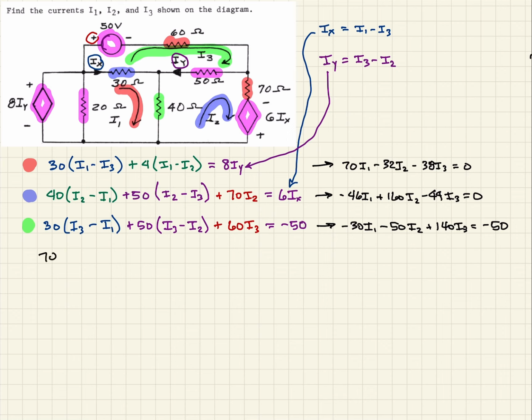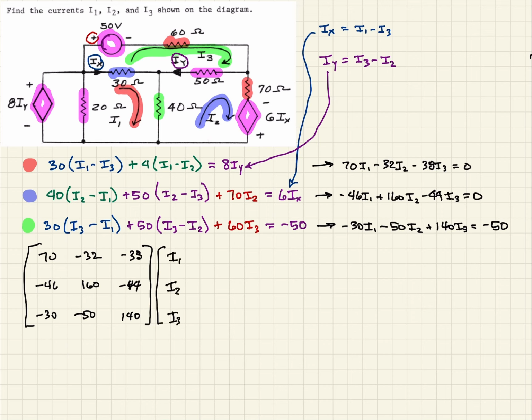That'd be 70, minus 46, minus 30, minus 32, 160, minus 50, minus 38, minus 44, and 140. So that's our coefficient matrix. Again, that's multiplied times I1, I2, and I3.